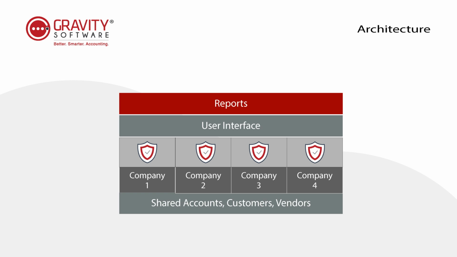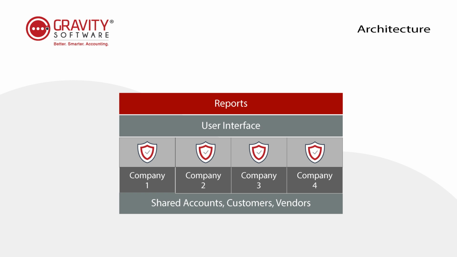That becomes very difficult, especially as you scale larger and larger, to say, okay, now I'm going to have 20 companies with 20 charts of accounts. At Gravity, we've done it quite a bit differently. First off, we have all of our companies in a single database. There's still security by company, so I can easily say that an individual can only see one company or two companies, but not know that the other companies exist.